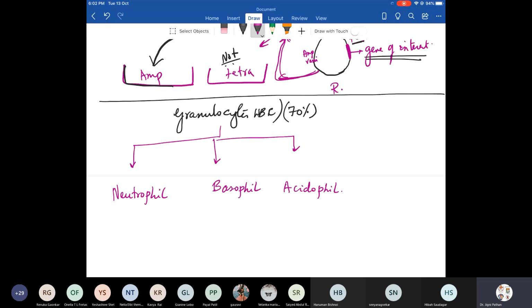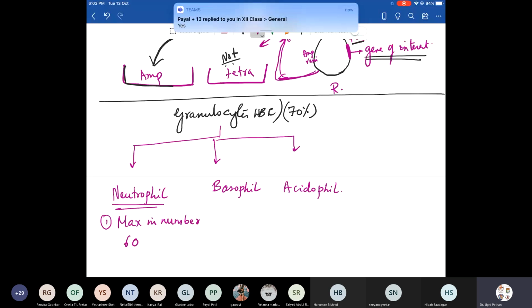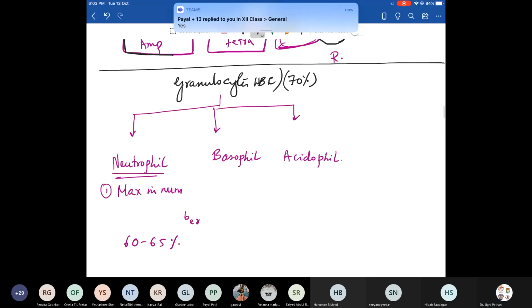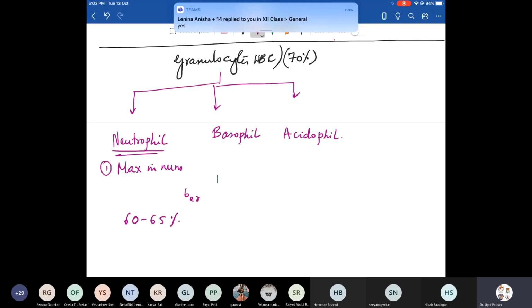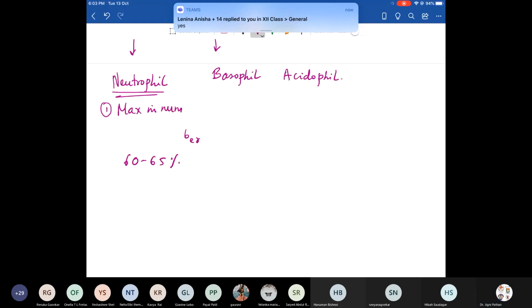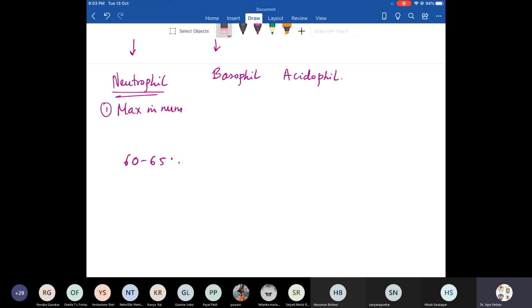Next, neutrophils: first thing is they are maximum in number, around 60 to 65%.